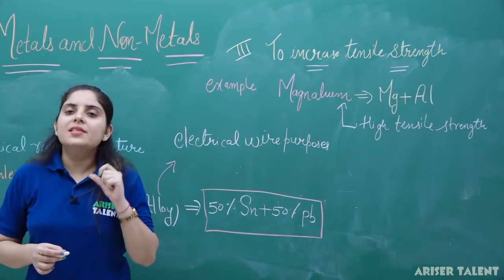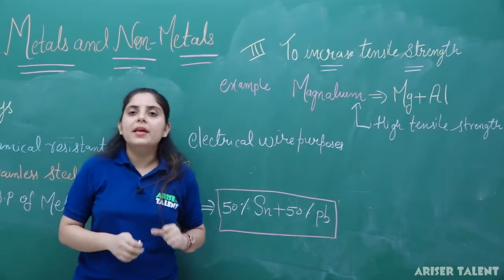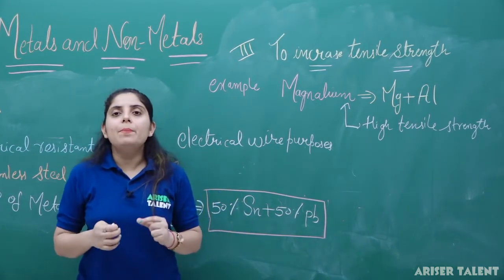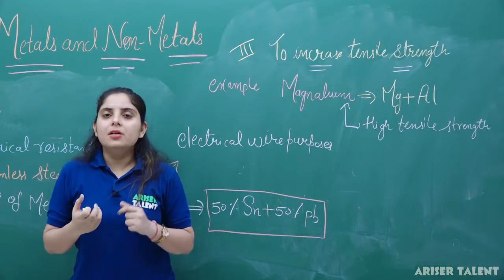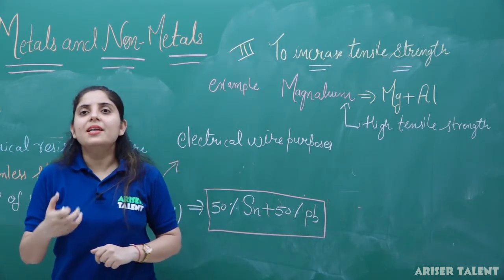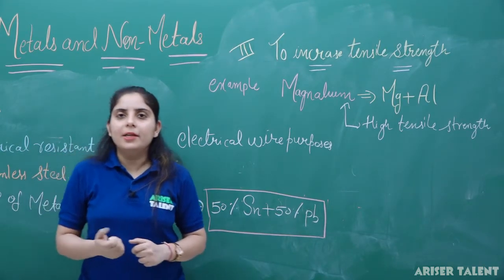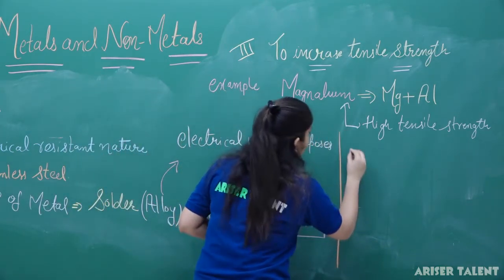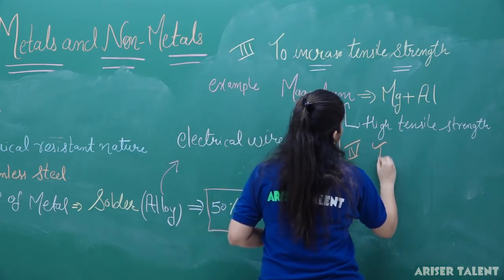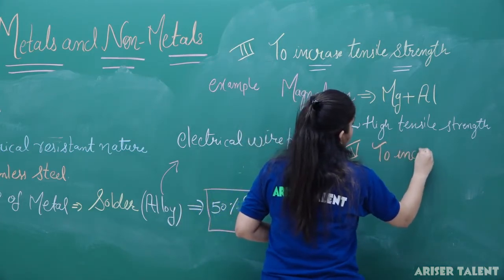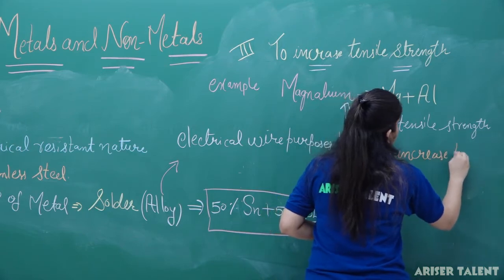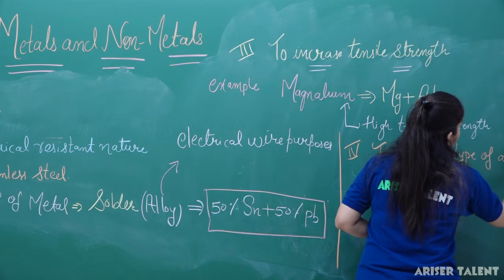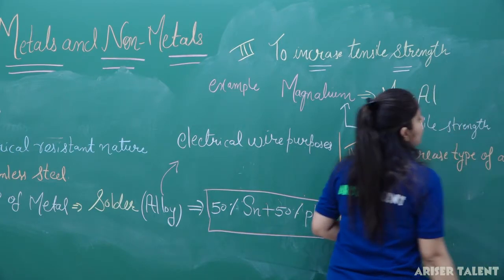Now we are going to discuss the last benefit of making an alloy. The last benefit is that it will help in increasing the type of a substance and increasing the quality of a substance. So our next category will be to increase type of a metal.